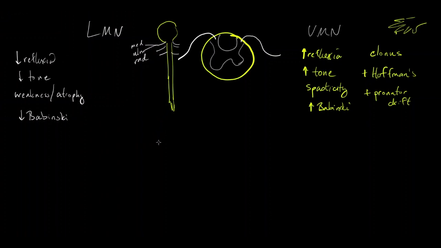One good way to have a good understanding of upper versus lower motor neuron lesions is to learn about cervical spine disease. Let's talk about the cervical spine. Now, the spinal canal is surrounded by the vertebral body here. Posteriorly, you're going to have the lamina and the spinous process.